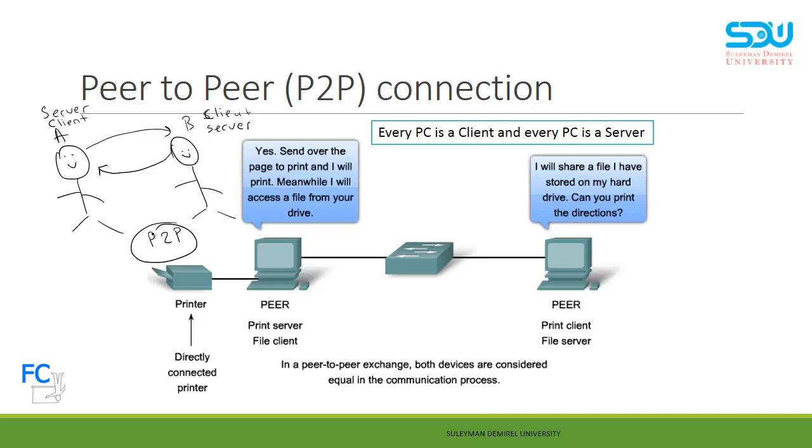When you have P2P communication, it doesn't mean that only one computer and another computer, only two computers, are communicating with each other. For example, I think that you are familiar with torrent file downloading. When you have the torrent type of file downloading, you have such a structure.